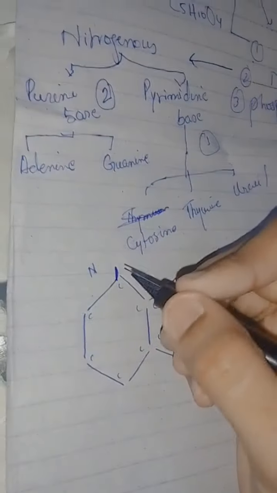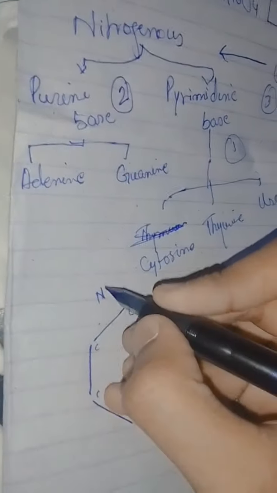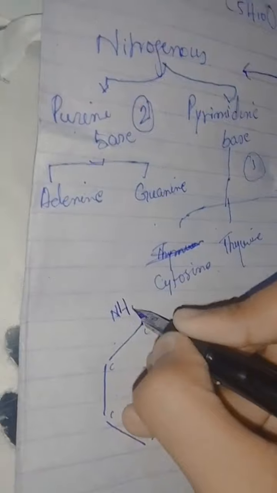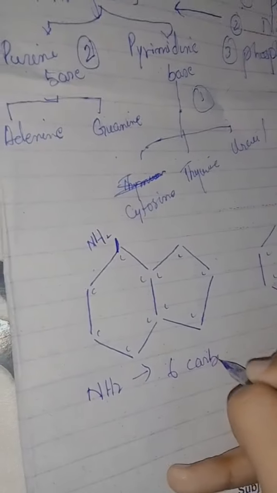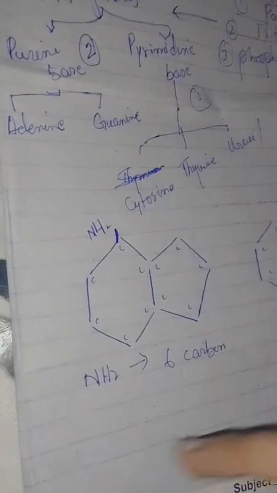To identify adenine, there is a trick: if an NH2 amine group is attached on the sixth carbon of the double ring structure, then it is known as adenine.